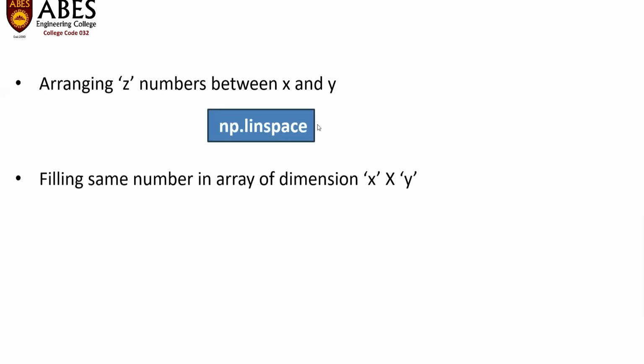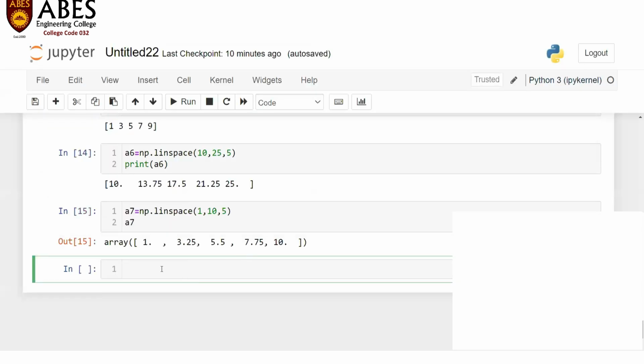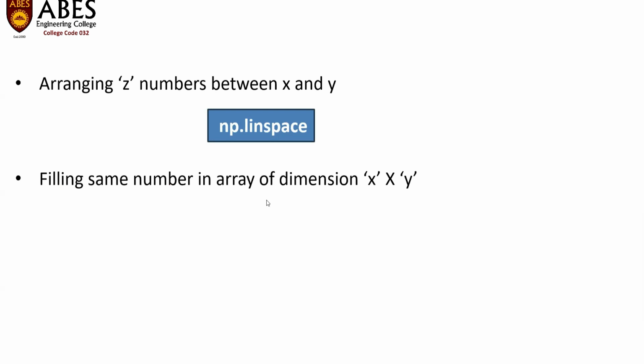Next is filling the same number in an array of dimension x and y. If I want to have the same number in dimensions x cross y, say 5 in a 3 cross 4 matrix, we have this command np.full.